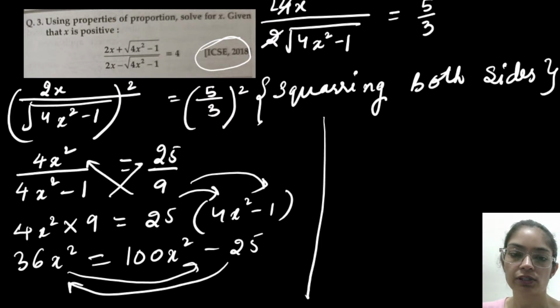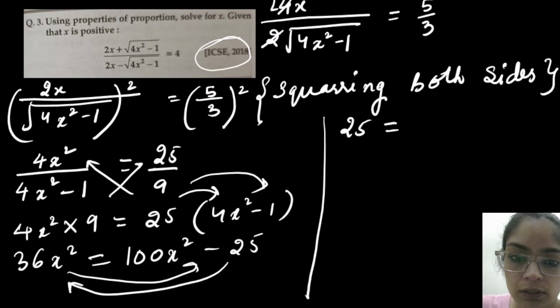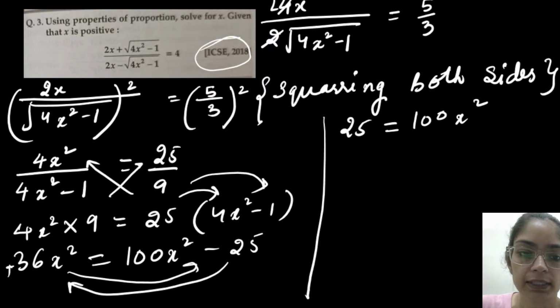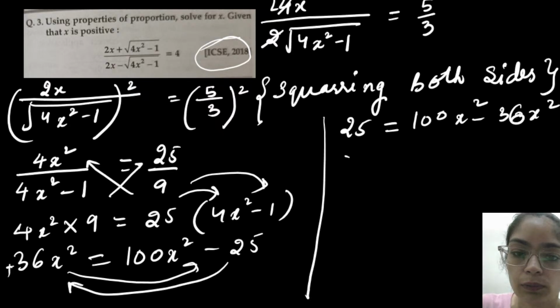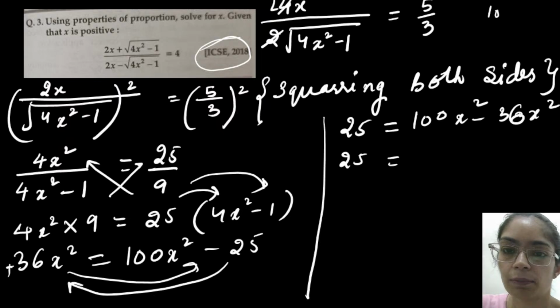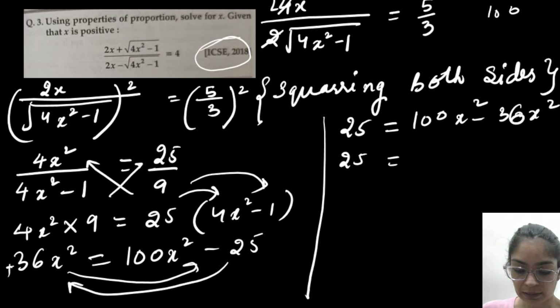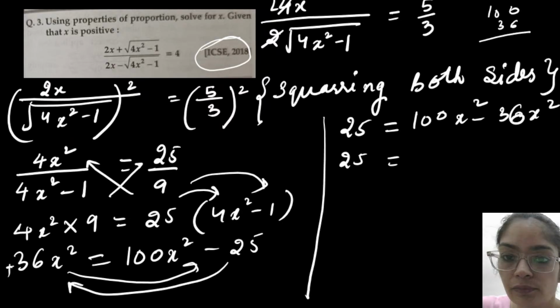When 25 is shifted to the other side, it was negative, so it becomes positive. And 36x square, when shifted to this side, becomes negative. So 25 is equal to 100 minus 36. What is 100 minus 36? It is 64, so 64x square.